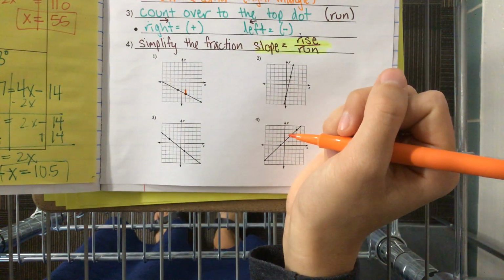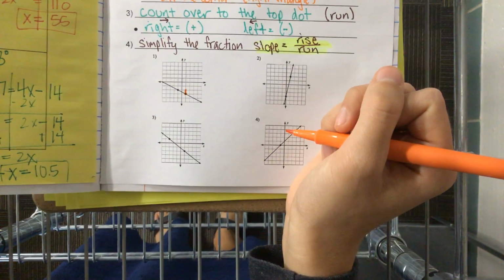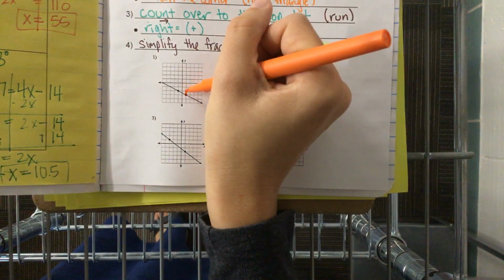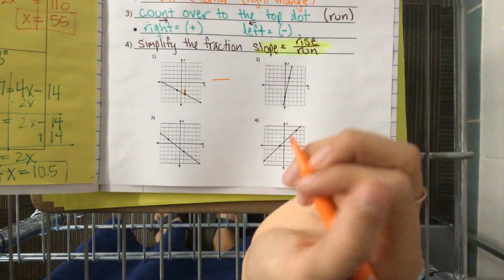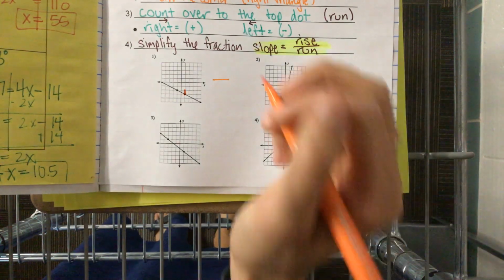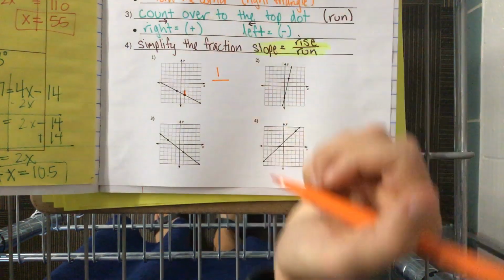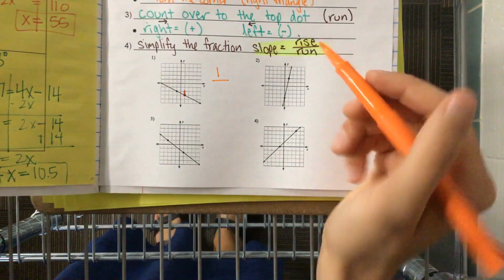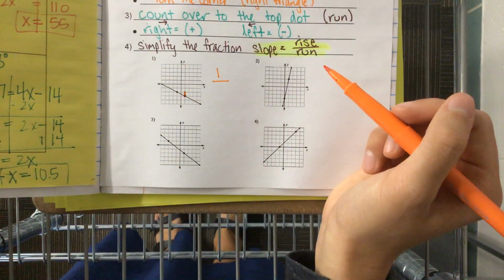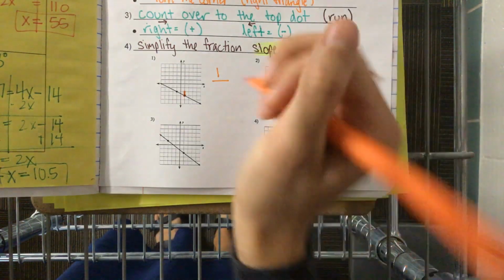So let's make our fraction. Which part was this 1? The numerator or the denominator? The numerator, the rise. We went up 1. That's our rise, so it's going in the top part of our fraction, the numerator. And then we run. We turn the corner, and we go straight over. 1, 2.